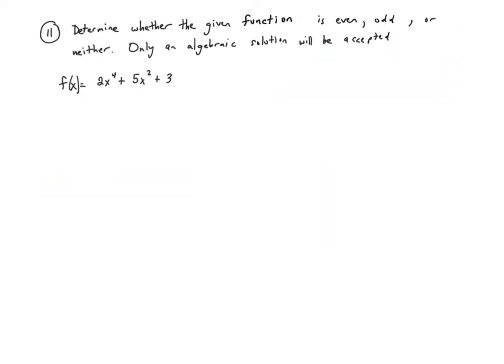Number 11. Determine whether the given function is even, odd, or neither. Only an algebraic solution will be accepted. F of x equals 2x to the fourth plus 5x squared plus 3. To make a conclusion, we have to evaluate f of negative x.